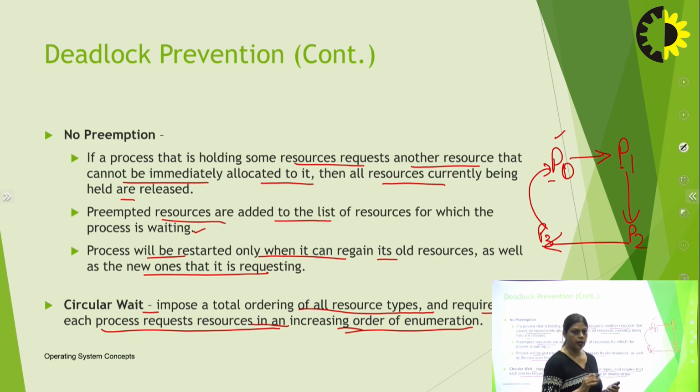Then we will satisfy the requests in the increasing order of the enumeration. Require that each process requests resources in an increasing order of the enumeration.